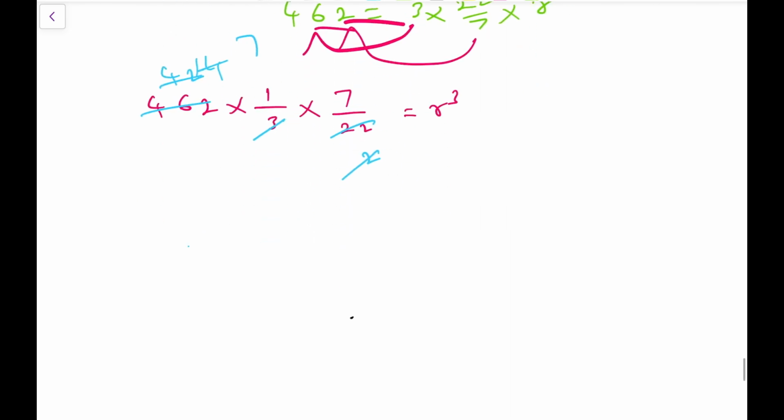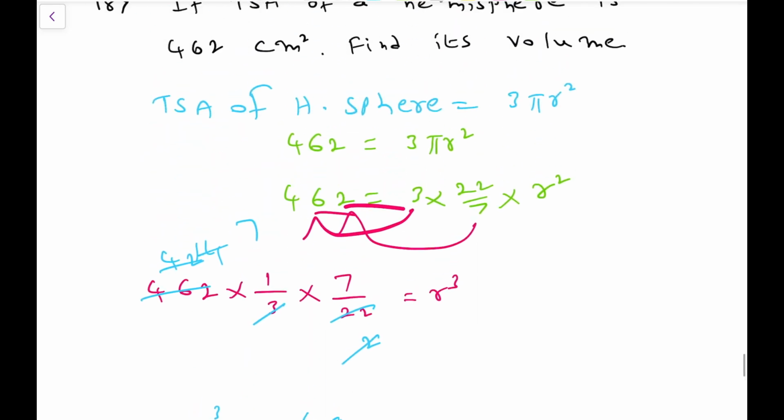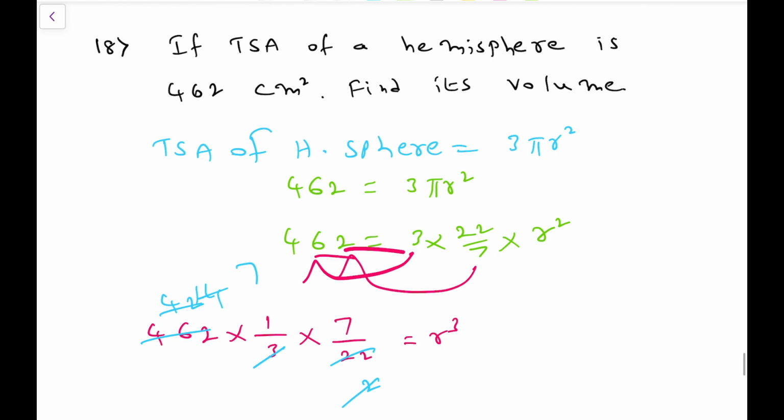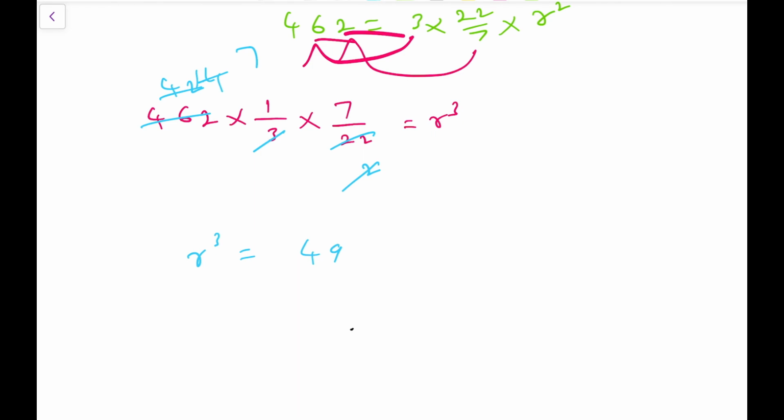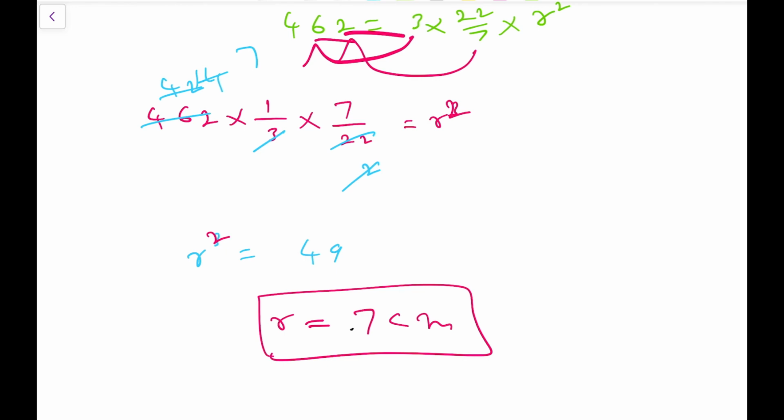So it is 49. Oh, sorry. Here r square, right? Yes, so r square is 49. It means which number square is 49? So it is 7. So r is equal to 7 centimeters. Radius of the hemisphere is 7 centimeter.